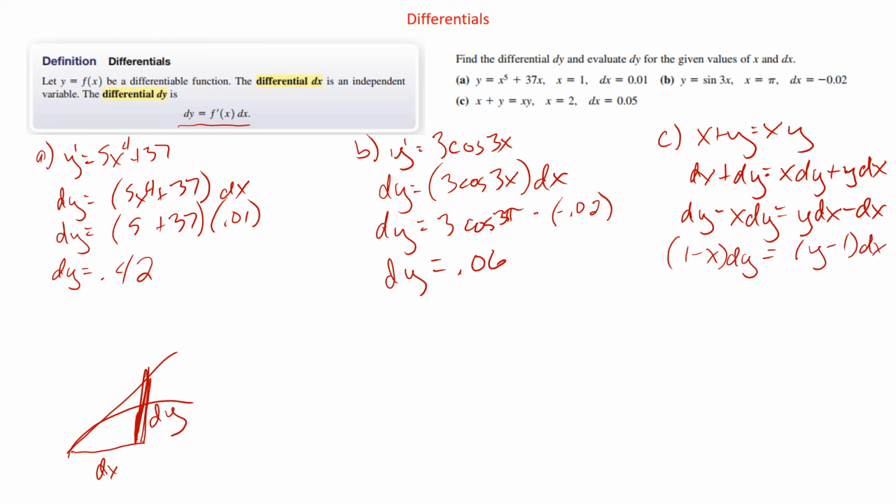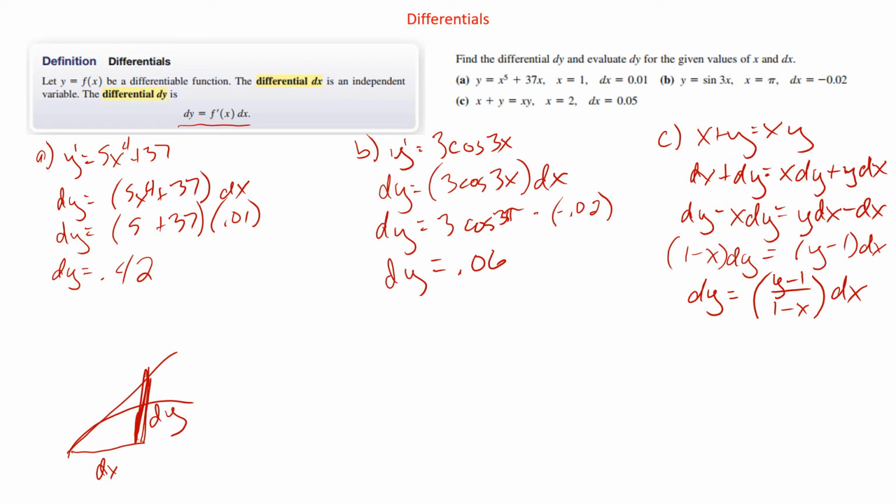And so then we can divide the 1 minus x. dy equals y minus 1 over 1 minus x dx. That is the dy equals the derivative, y minus 1 over 1 minus x, times dx. We don't need to divide the dx over in this case.